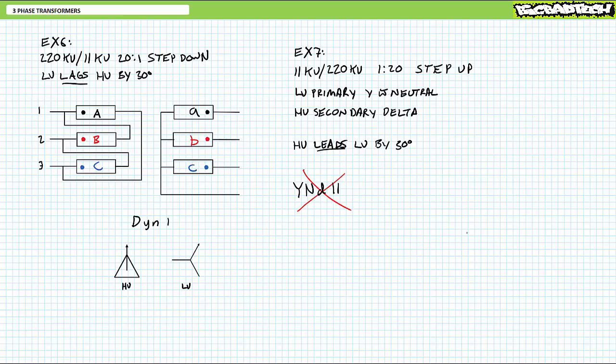Let me remind you that the standard nomenclature format indicates the high voltage side first in capital letters, the low voltage side second in lowercase letters, and the phase shift of the low voltage with respect to the high voltage side using clock notation. For a majority of these examples, we've been assuming a high voltage primary to low voltage secondary step-down transformer. Here we're clearly dealing with something not matching that previous format.